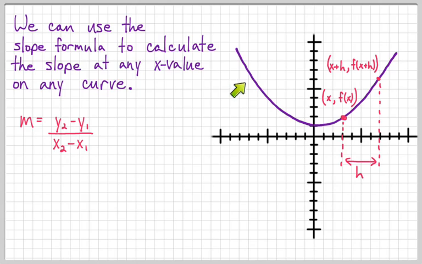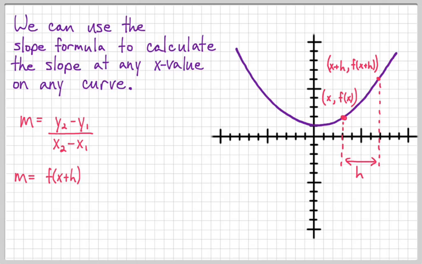So our function is f of x, and for our first point we use x comma f of x, and for our second point we use x plus h comma f of x plus h. Now this is still x1 y1 and x2 y2, it's just that they look different now.